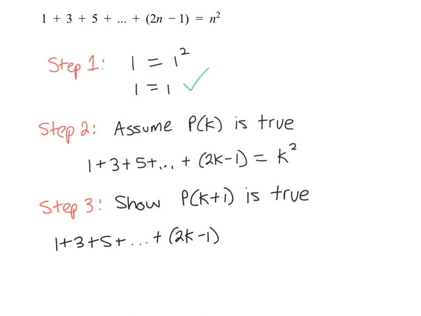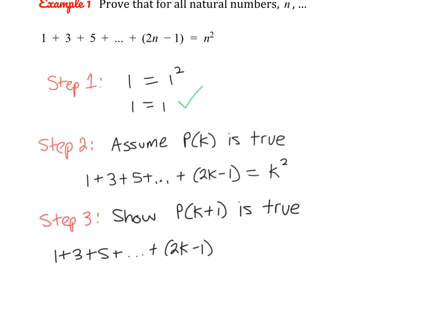That's what happened when we did p of k. And then we just need one more term where we're going to be substituting k plus 1 for n. So plus 2 times k plus 1 minus 1. And then that should equal k plus 1 squared. Again, I'm just replacing this n and this n with k plus 1. And again, you do need to understand that this is just simply one more term being added than what we previously did.